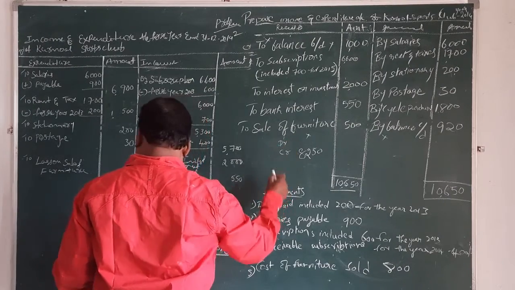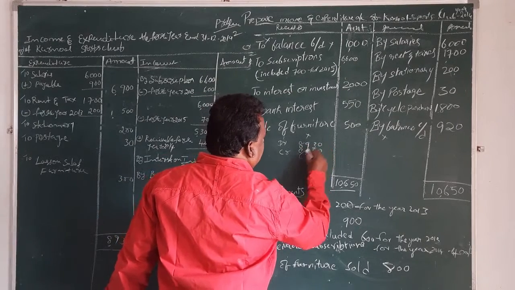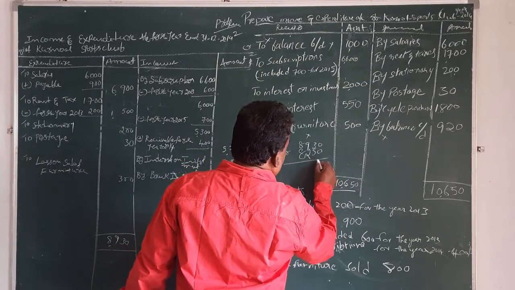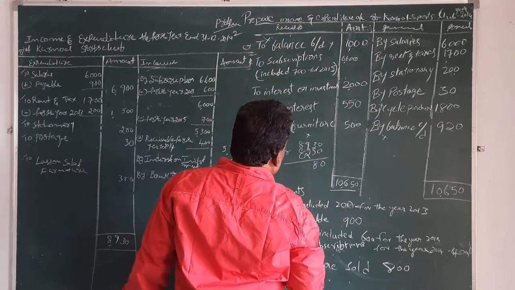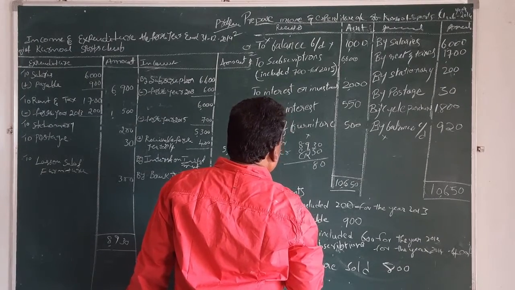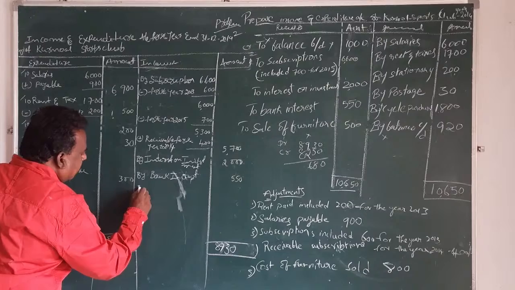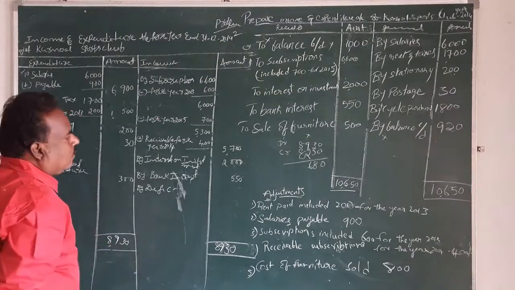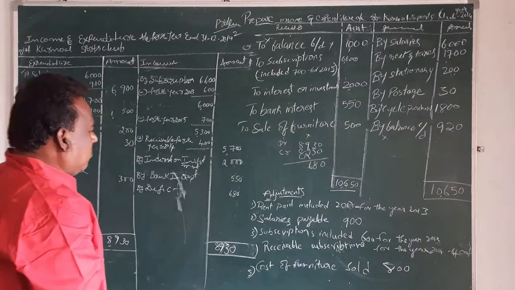The difference between the credit balance 8,250 and the debit balance 8,930 is the loss or deficit. 680 is the loss. So, by deficit 680.